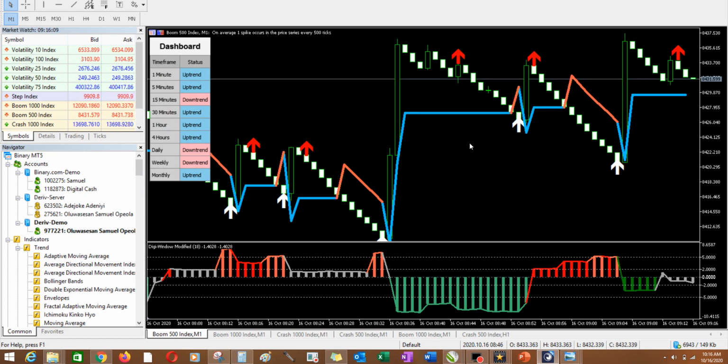Okay, for boom 500, it's a bit balanced, although it's a little bit more of an uptrend than a downtrend, but it still favors those that are trading the spikes more than those that are selling.